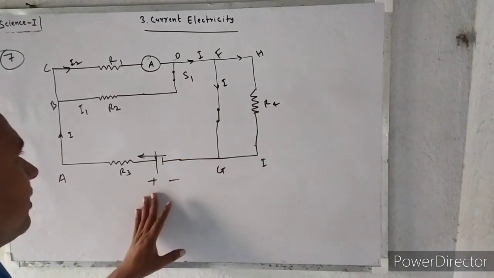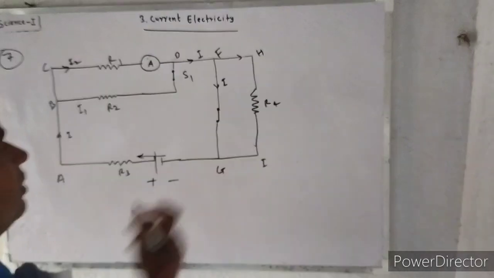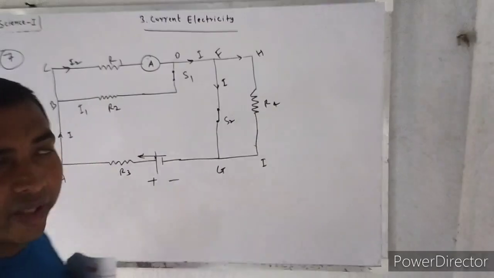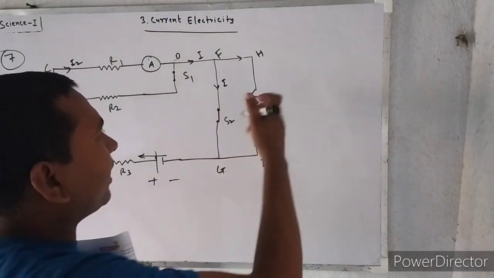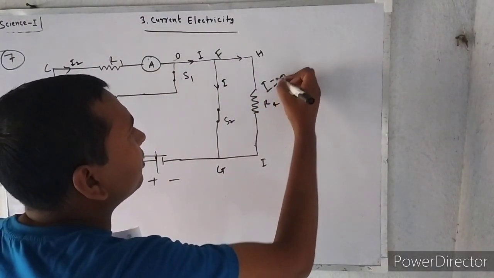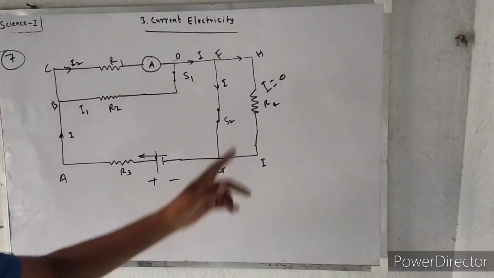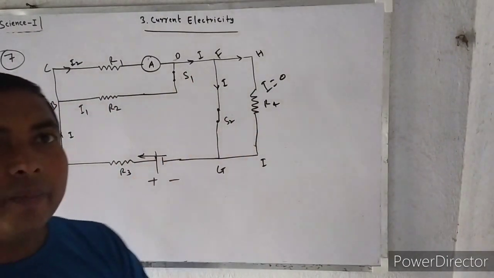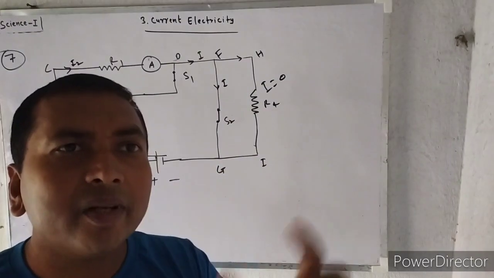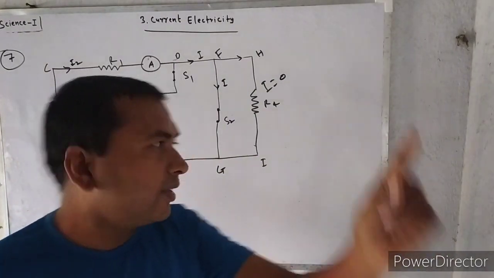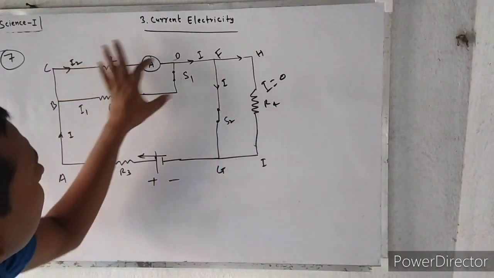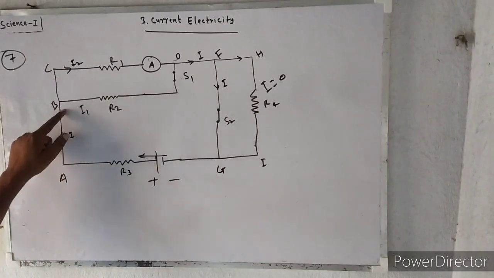In this particular case, if S1 and S2 both are closed, here I equals 0. Current will not flow because current always follows those paths having minimum resistance. Since there is no resistance, all the current will divide.